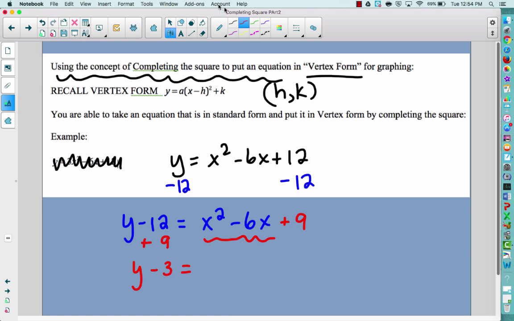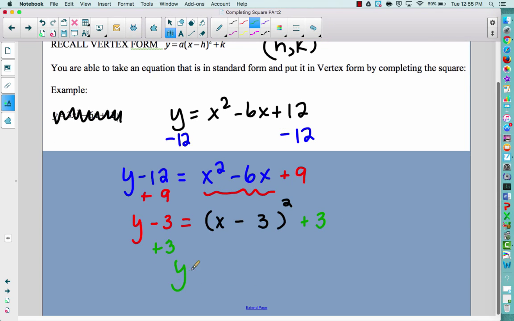Now, the right side we're going to turn into the square of a binomial. So x, keep the sign of the middle term, which is minus, square root of 9, which is 3. Now, to get it in vertex form, we want it in y equals form, so that 3 now has to get added to the other side. And so in vertex form, y is equal to x minus 3 squared plus 3.